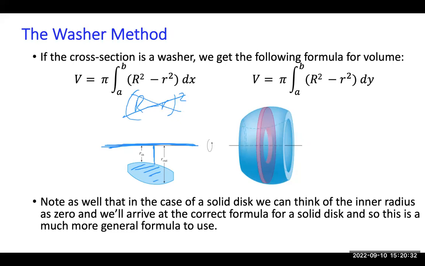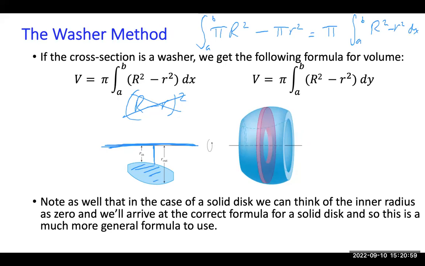Where does this come from? This comes from the fact that we're taking pi times the larger radius squared minus pi times the inner radius squared, integrated, right? From a to b. Well, since they both have a pi, what can we do? We can factor a pi out of both of them and say take pi out and leave the rest, which is going to be radius squared minus radius squared dx or dy.